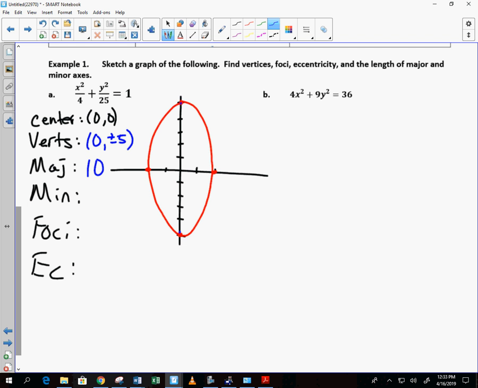What's the length of the minor axis? 4. In order to find the foci and the eccentricity, what value do I need to determine? C. I take a squared, or 25, minus b squared, which is 4, and I get 21. So C is the root of 21.